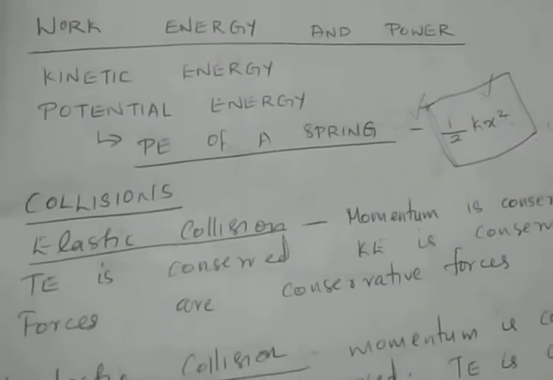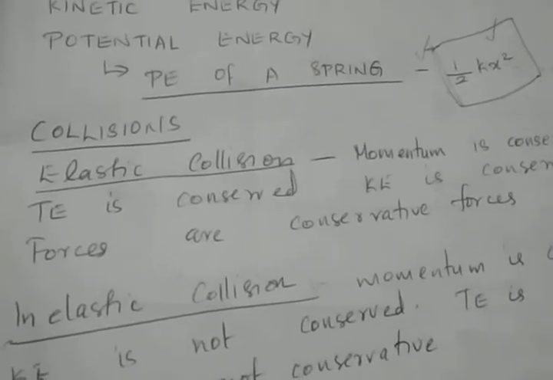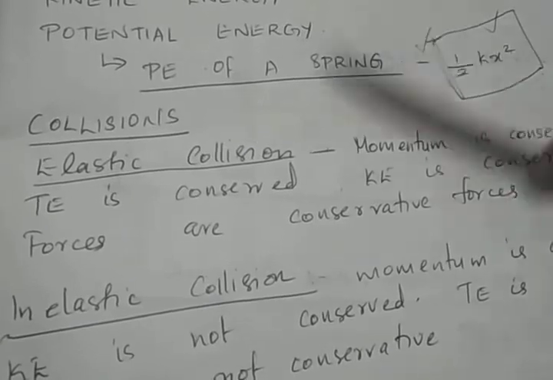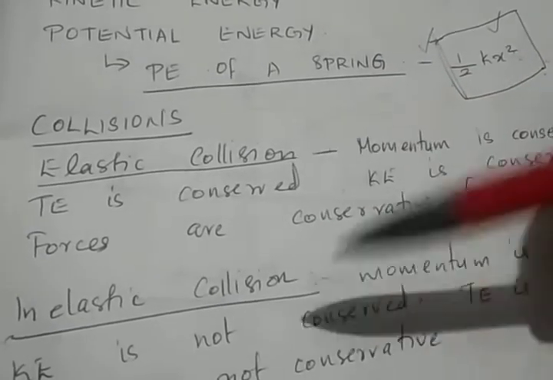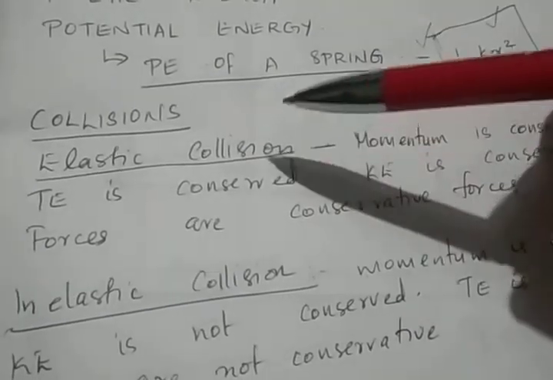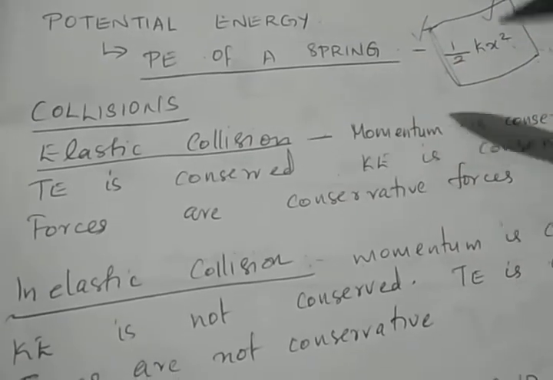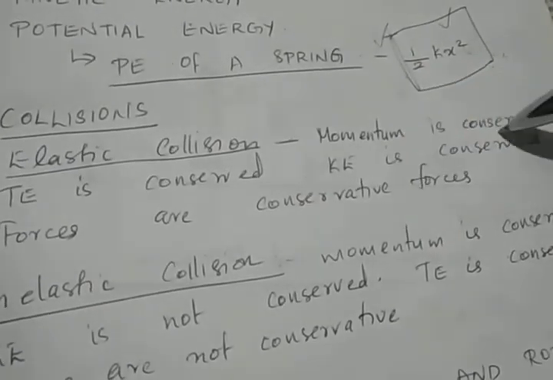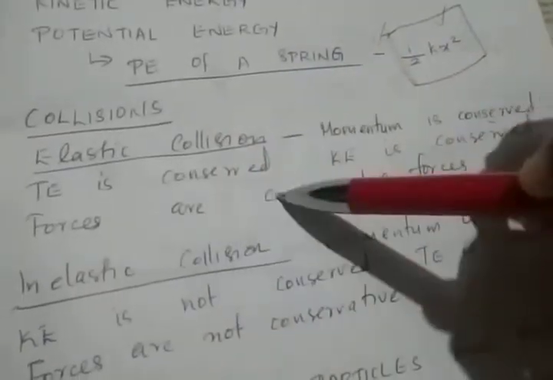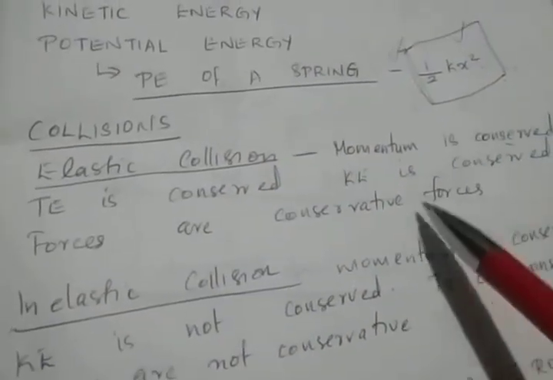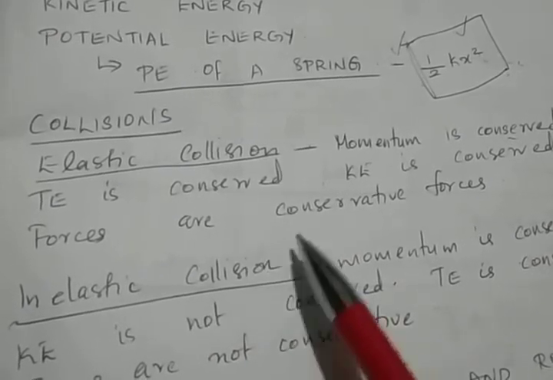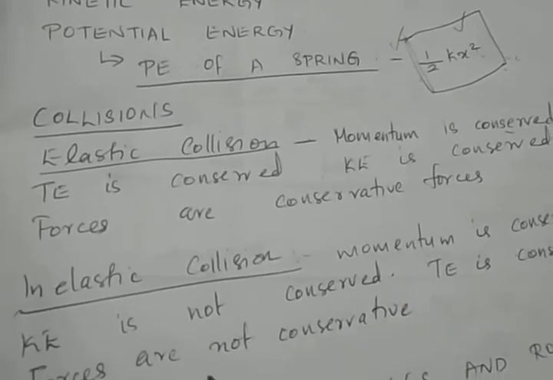Another important concept of this chapter is collisions. There are mainly two types of collisions, elastic collision and inelastic collision. What are the characteristics of elastic collision? In elastic collision, momentum is conserved, total energy is conserved, kinetic energy is conserved. Forces involved in the elastic collision are also conservative forces.